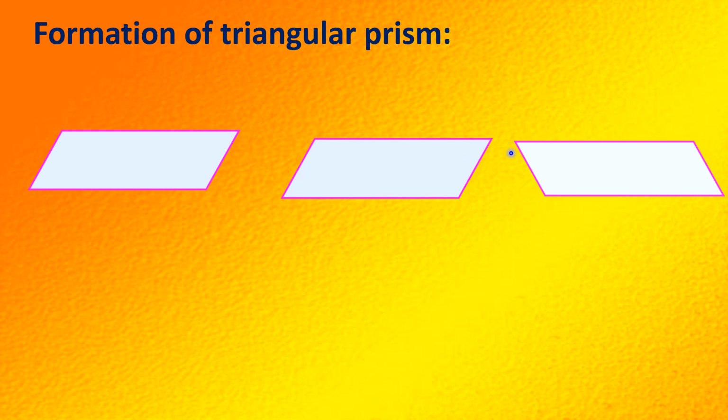These three are the rectangular plane surfaces. Now I am going to join these three plane surfaces in such a way that any two plane surfaces meet at a certain angle. Then we get two triangle bases. See here how I am making a triangular prism by using these three plane rectangular surfaces.